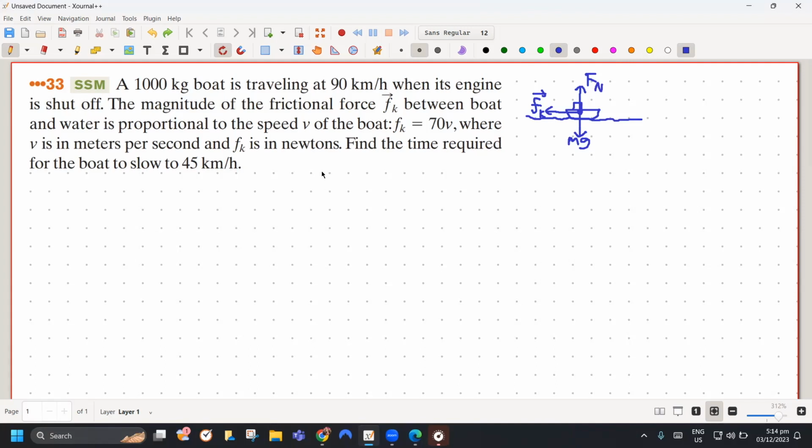Mhm. So yung initial na speed ay 90 kilometers per hour. Kailangan lang natin yung time eh.